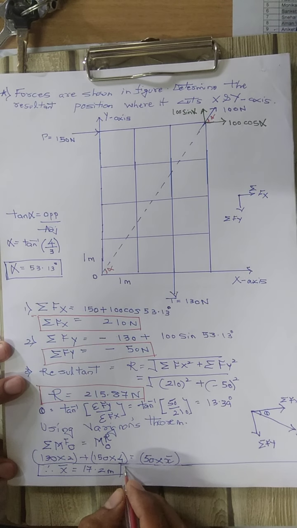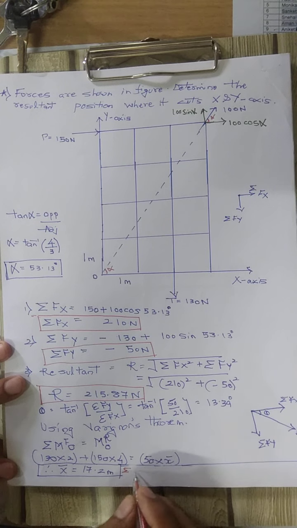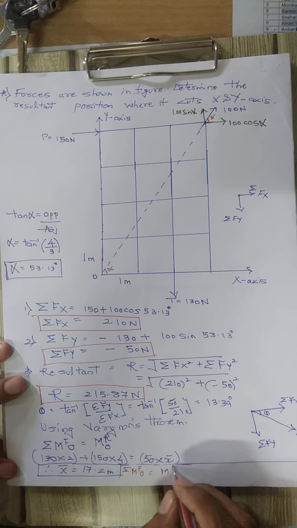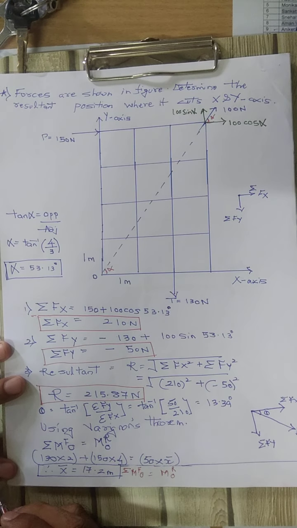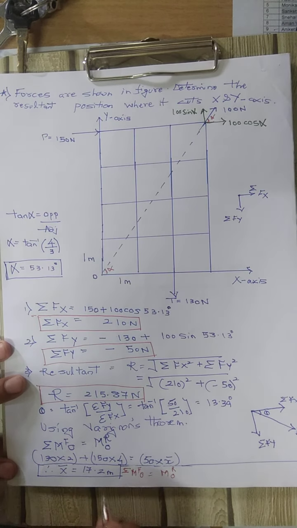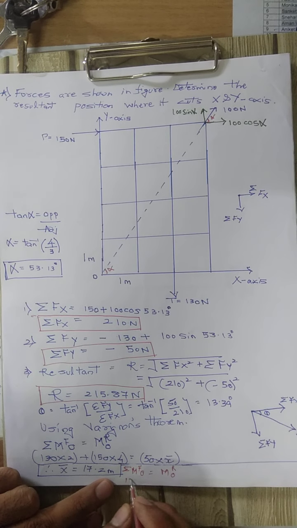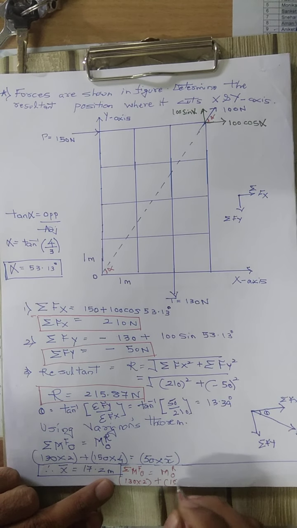The same concept is used: summation of moment of all forces at point O equals the moment of the resultant at point O. So again the forces will be the same, only the right hand side will be changed. 130 into 2 will be the same, plus 150 into 4 will be the same.